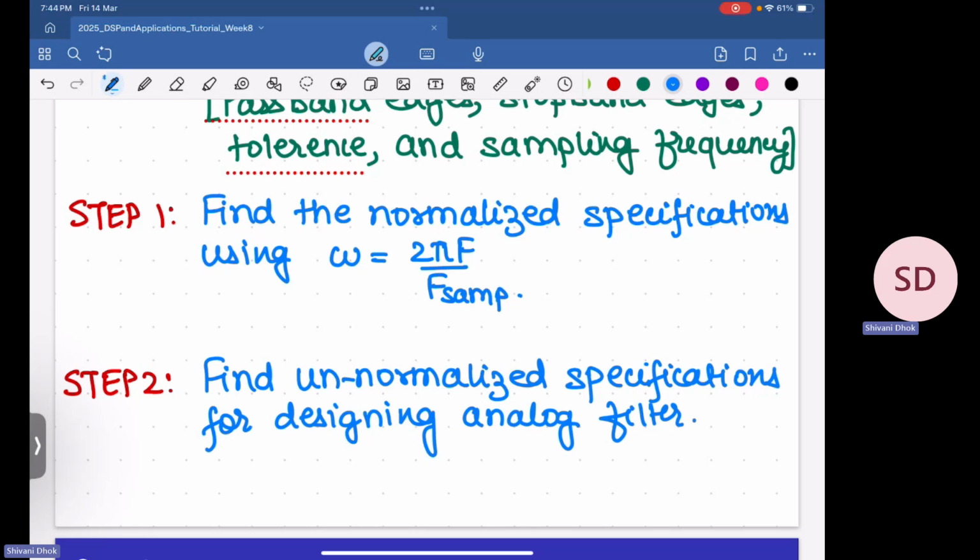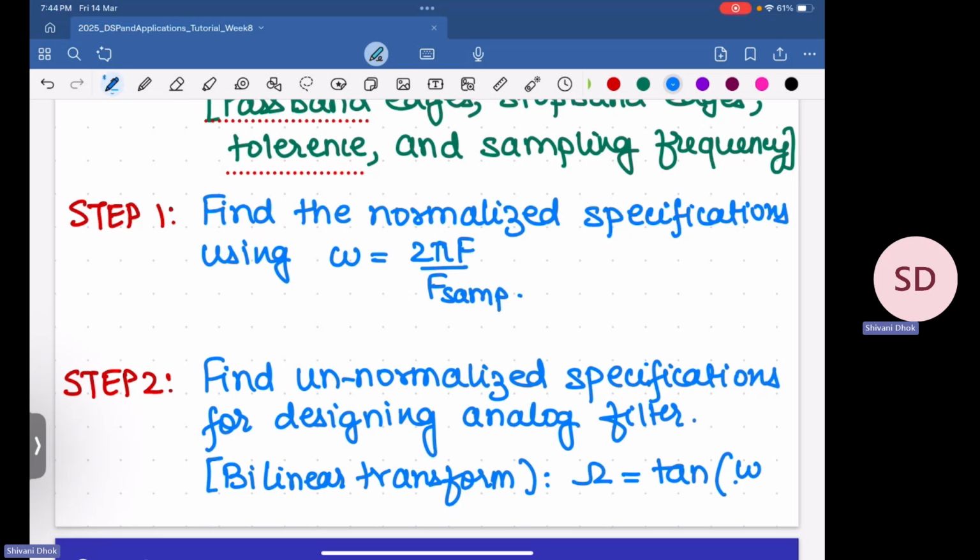This uses the bilinear transform. That is, we have to use omega equal to tan of omega by 2. Okay, so this is the second step that we have.